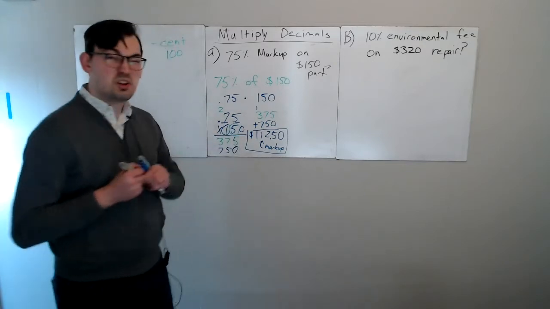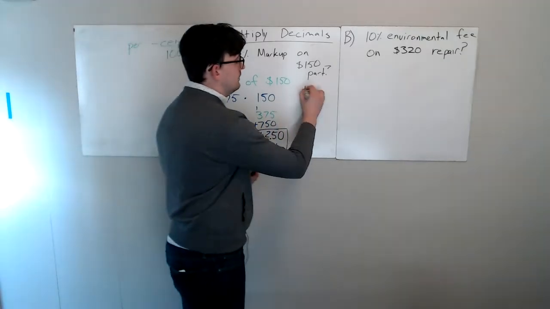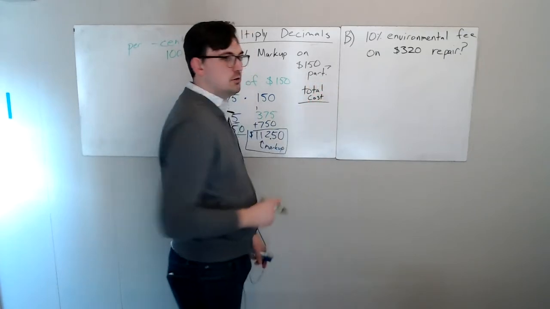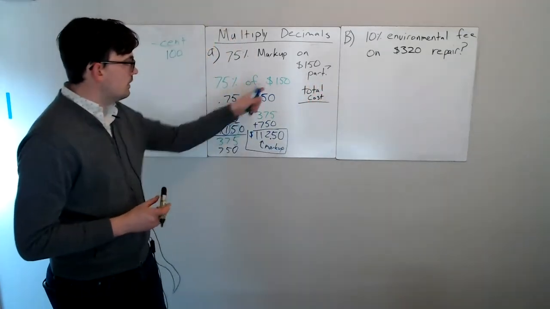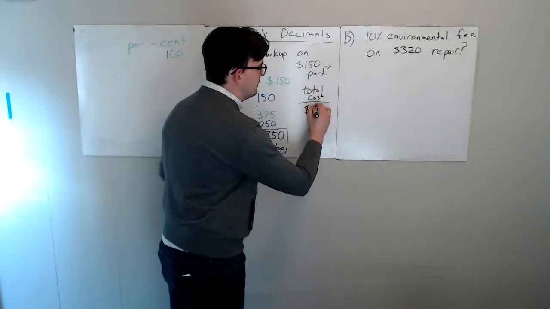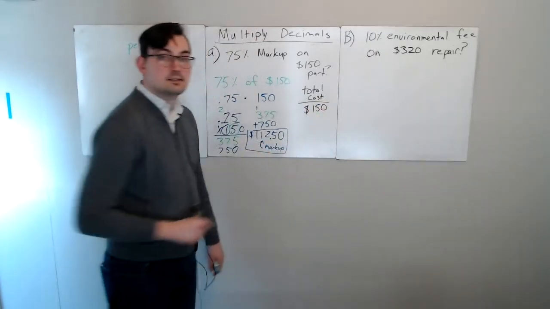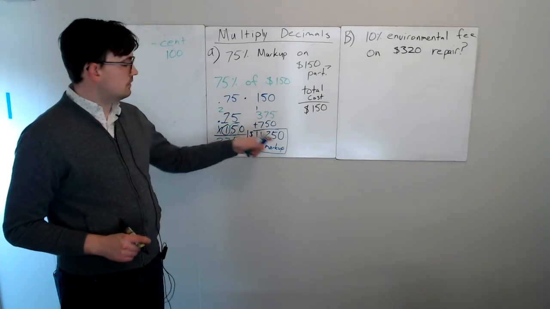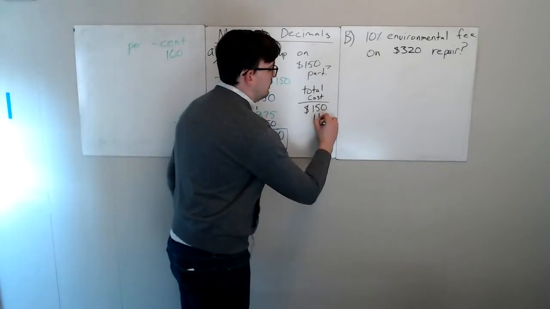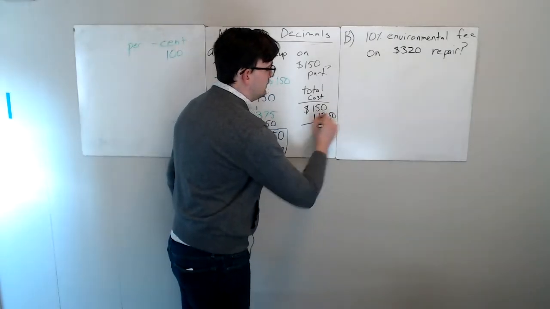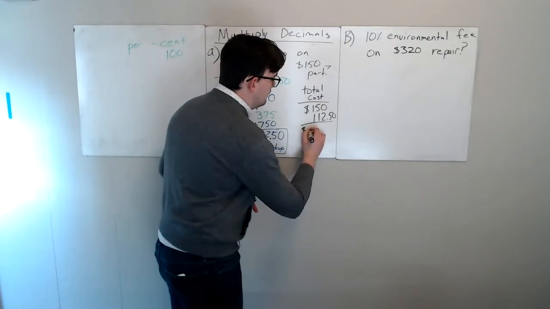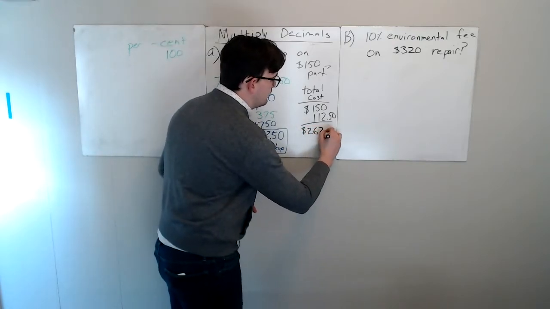To get the total cost for the customer, what we're going to write on their invoice is that $150 plus the $112.50. So that is the total cost of doing business, or what we put on their quote, their invoice.